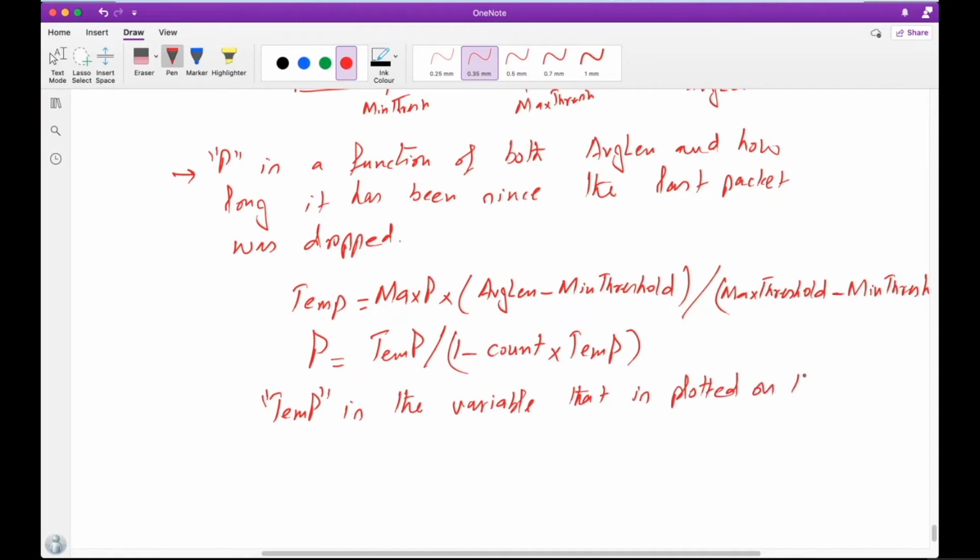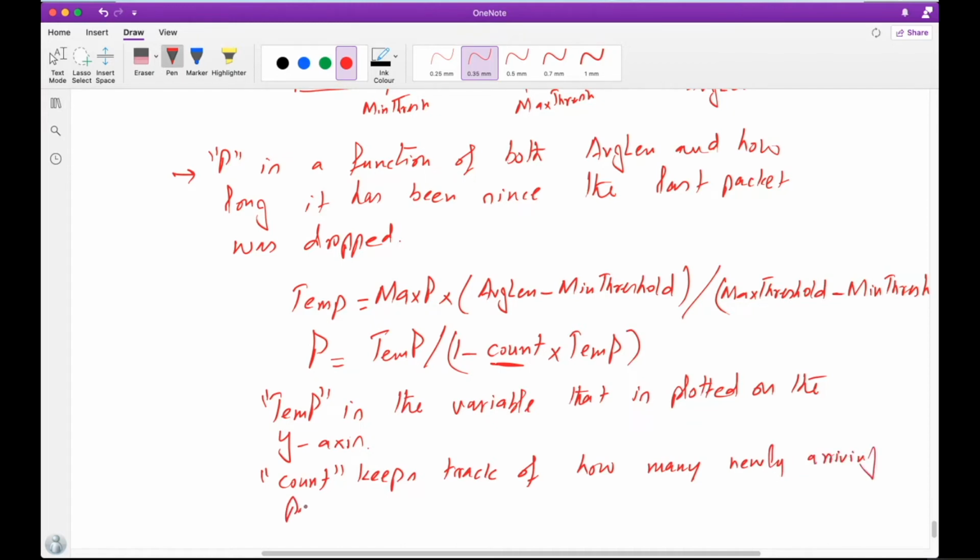Okay, and we are familiar with all the other parameters, and the count here keeps track of how many newly arriving packets have been queued.